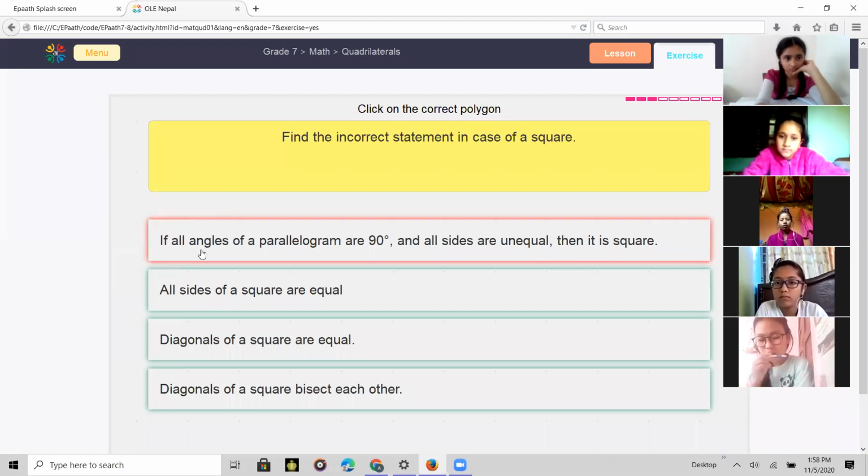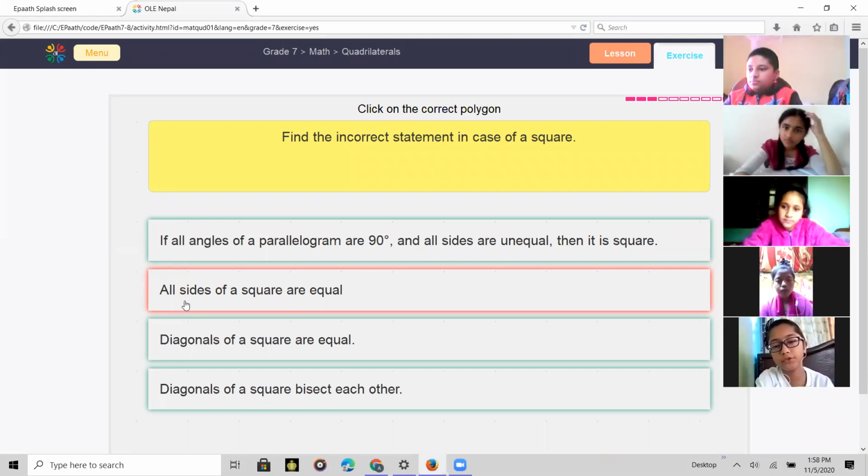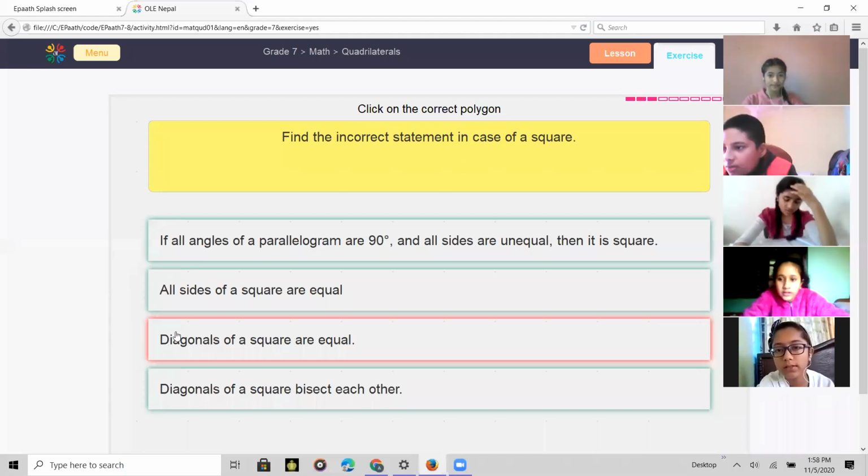Now let's see if there are other incorrect statements. Please read this, everyone. All sides of a square are equal. What do you think? Correct or incorrect? True. This is the correct one. Next, please. Diagonals of a square are equal.